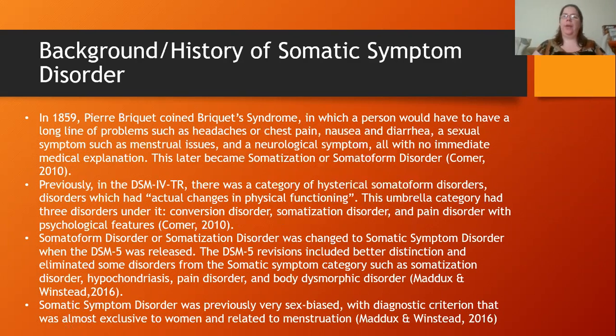Somatic symptom disorder has a very interesting history. It was previously very sex-biased with diagnostic criterion that was almost exclusive to women and related to menstruation.